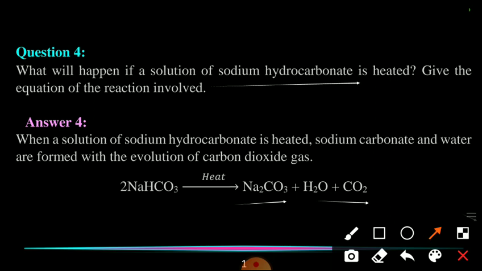So in the answer we can write: when a solution of sodium hydrogen carbonate is heated, sodium carbonate and water are formed with the evolution of carbon dioxide gas.